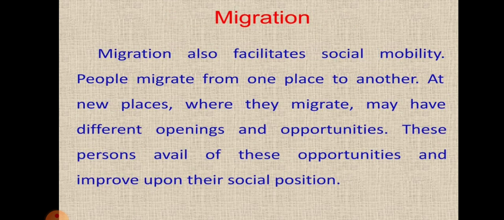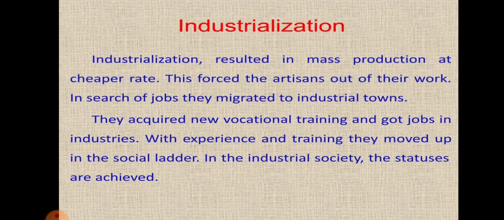Then migration: for facilities, for salary, or for knowledge, they have to shift themselves. Then industrialization. Mass production at a cheaper rate resulted in industrialization. So with experience and training, they move up the social ladder.